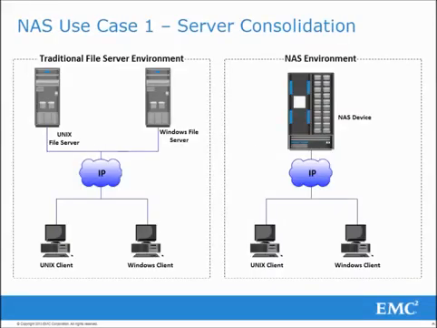In this slide, we see a use case that illustrates how a NAS device or a NAS environment enables consolidation of file servers. Traditionally, network file systems for Unix and Microsoft Windows are housed on separate servers. This requires maintenance of both the environments.